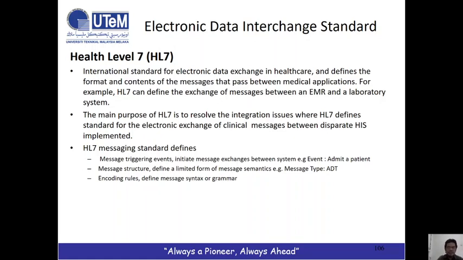This is an international standard for electronic data exchange or interchange in healthcare.